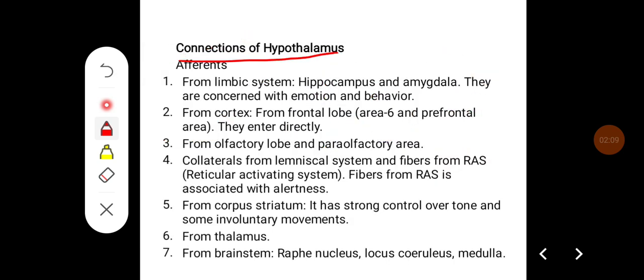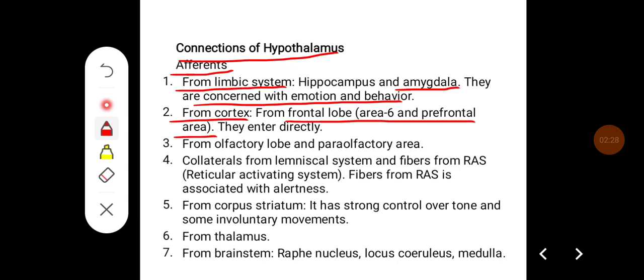Connections of the hypothalamus. The connections usually come from the limbic system, that is mainly from the hippocampus and amygdala. They are concerned with emotion and behavior, whereas from the cortex they come from the frontal lobe, that is area 6, and prefrontal area, and then they enter directly from the olfactory lobe and also the paraolfactory area.